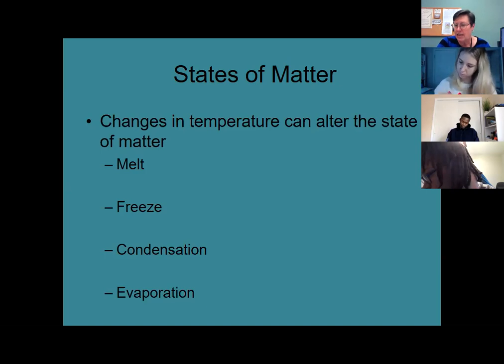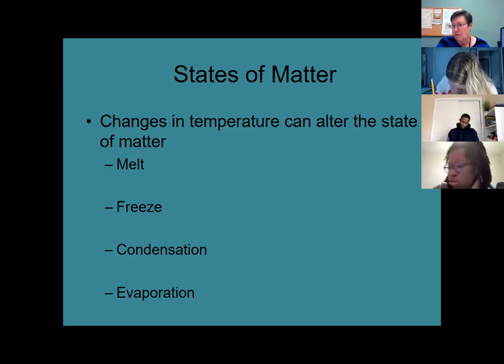It would change states at variable temperatures specific to that particular type of matter. But again, matter exists as either a solid, a liquid, or a gas. And matter can change from one state to the other depending on temperature.